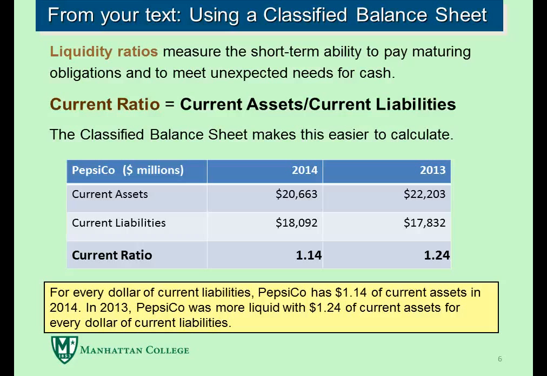If we wanted to compare the current ratio in 2014 of 1.14 to that of 2013, we would say that PepsiCo was more liquid, or had the ability to pay maturing debts more easily, in 2013. You'd rather have $1.24 in current assets for every dollar of liabilities than only having $1.14.